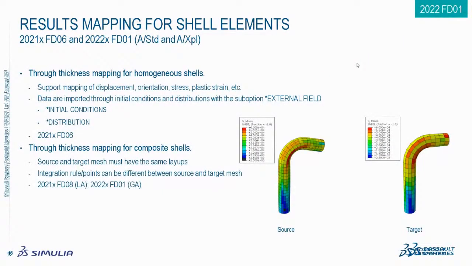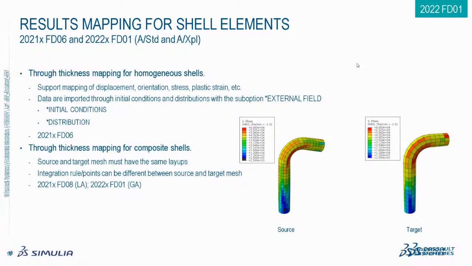Another enhancement related to mechanics is results mapping for shell elements. If you've attended previous release webinars, last year, for example, we spent a fair amount of time talking about the external field capability, which was a unification of all the different mapping technologies that have been available in Abaqus for many years.